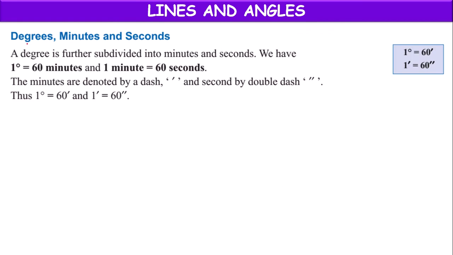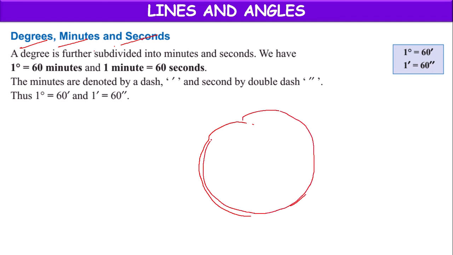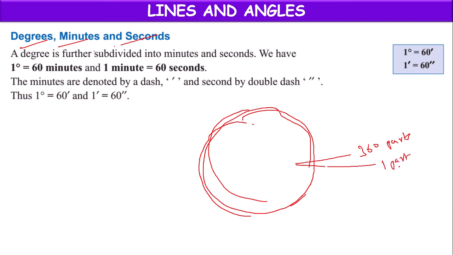Next, children, we have a concept called degrees, minutes, seconds. So if we have a clock, the clock is divided into 360 parts, so that each part will be equal to 1 degree.